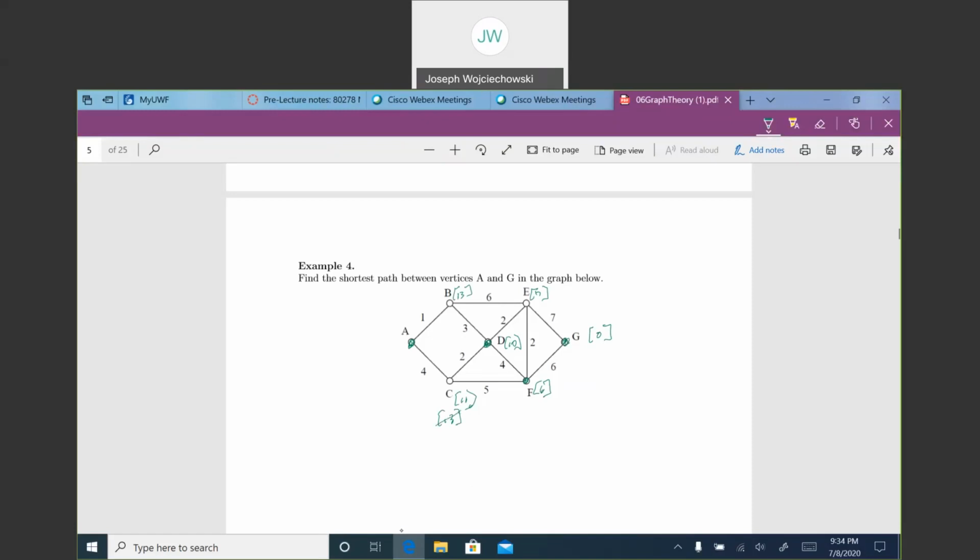So now we've gone G, F, C, and we go up here, and this is 15. However, if I go from B to A, it's only 14.